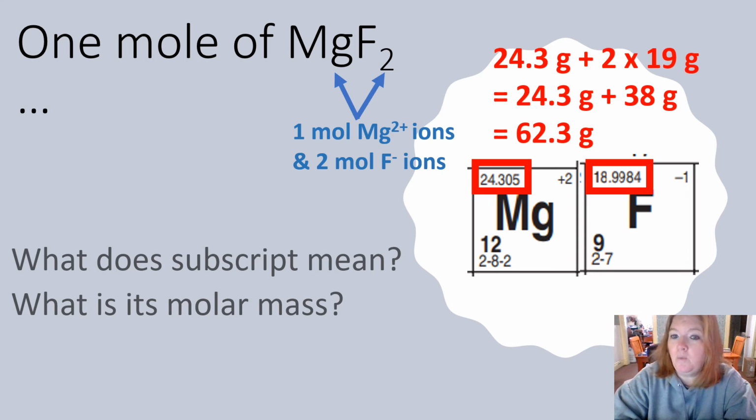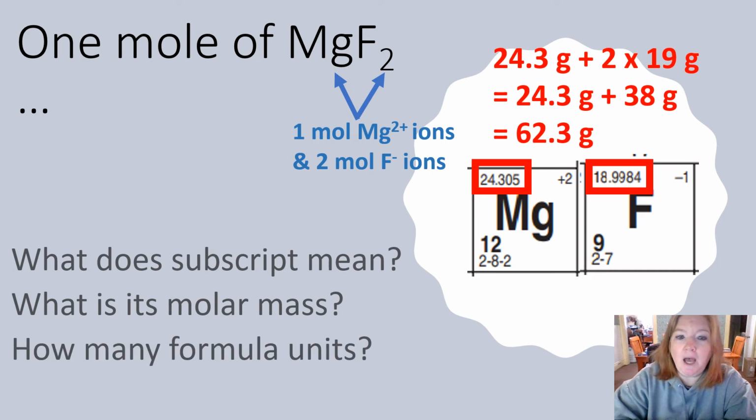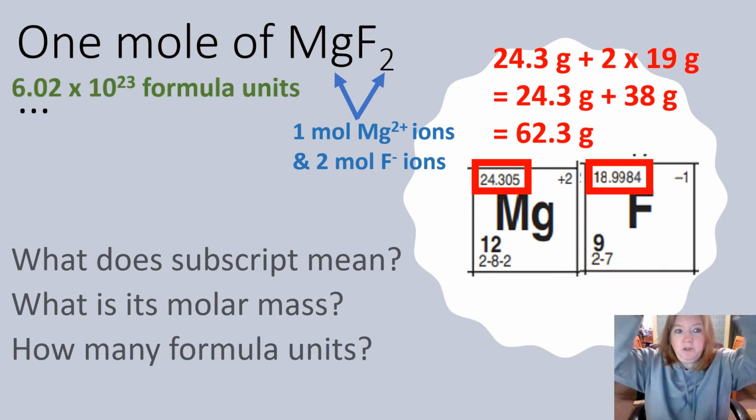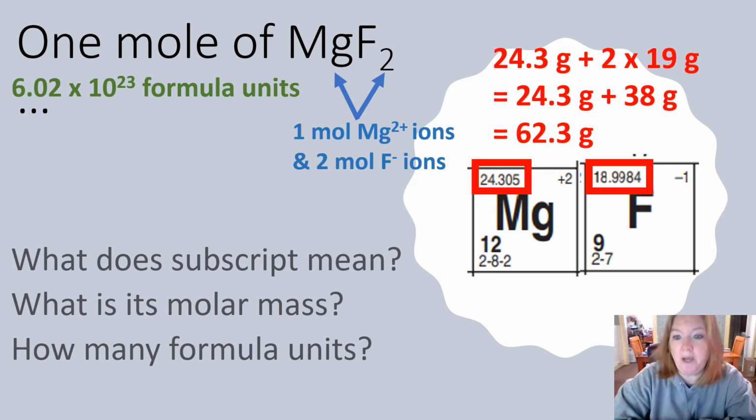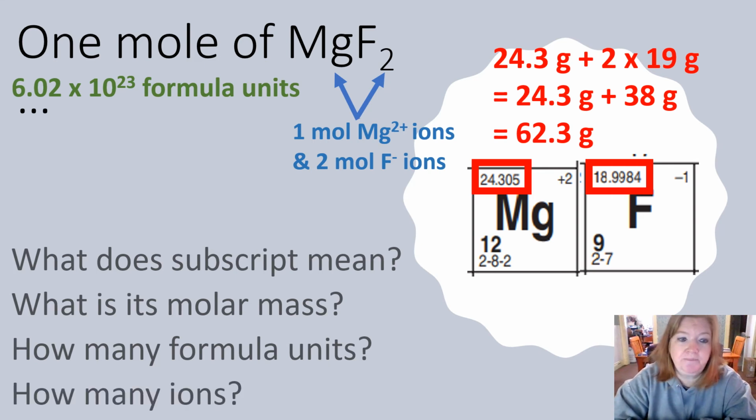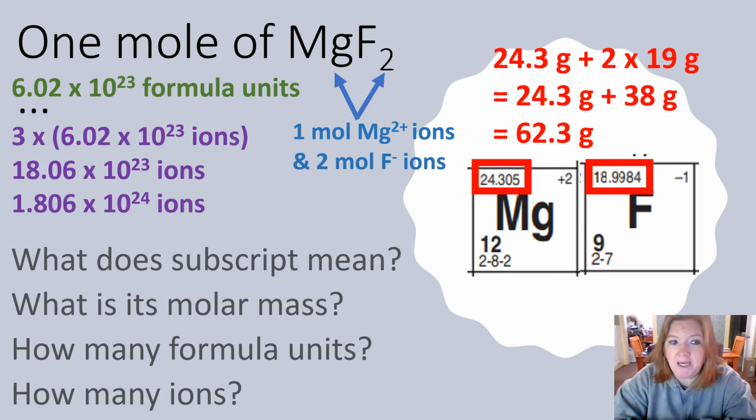Well, 1 magnesium plus 2 fluorines. So I have to multiply fluorine times 2, add it all together, okay? How many formula units? Well, formula units is the whole package. So since it's a mole, I have 6.02 times 10 to the 23rd.